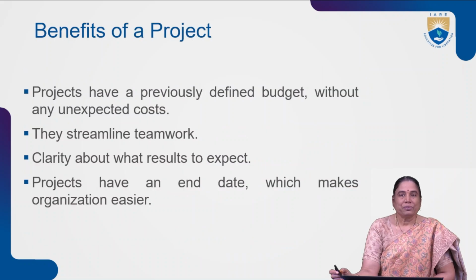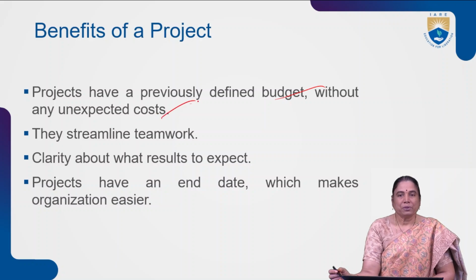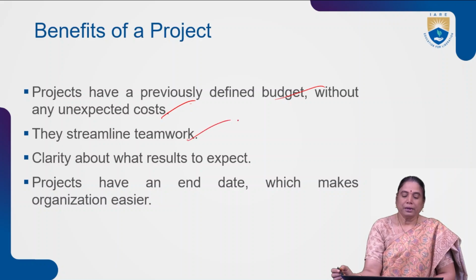What are the benefits of a software project? Projects have a previously defined budget without unexpected cost. The budget must be planned ahead by considering the resources and manpower. They streamline teamwork and give clarity about what results to expect.